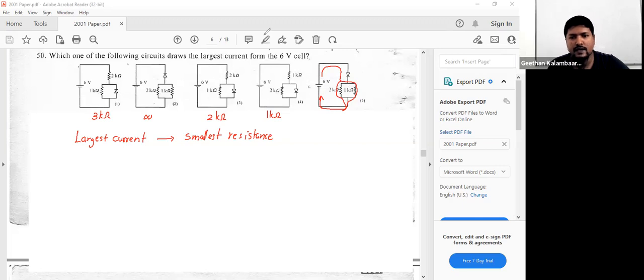When you have two resistors in parallel, the effective resistance is less than the least. So it's less than 1 kilo ohm. So this has to be the answer. Lowest resistance gives the largest current.